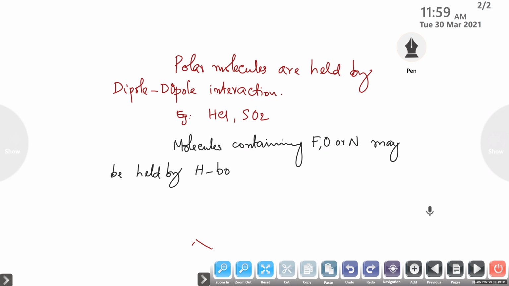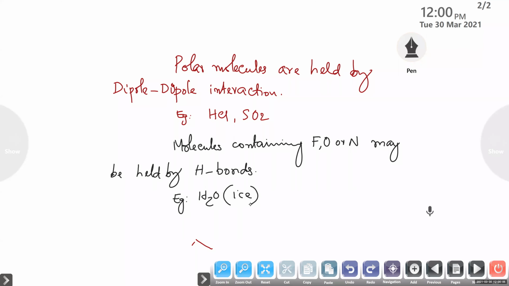There will be hydrogen bond. Example, H2O, water. That is in the form of ice.